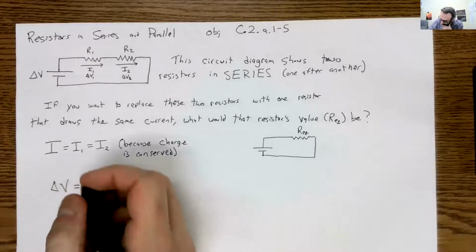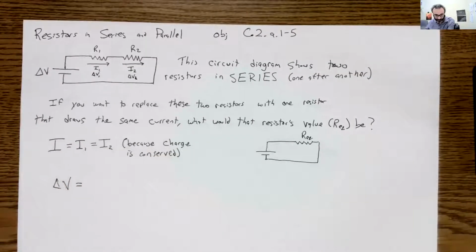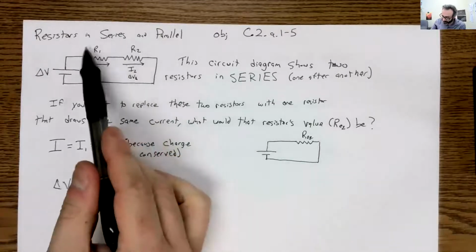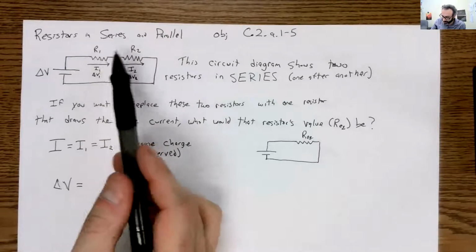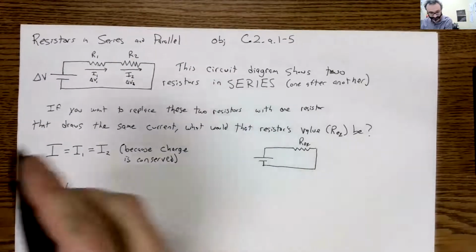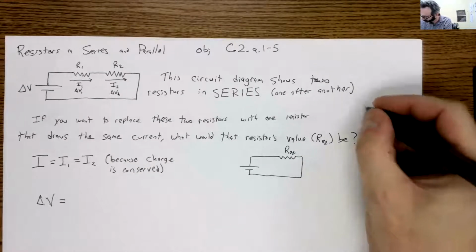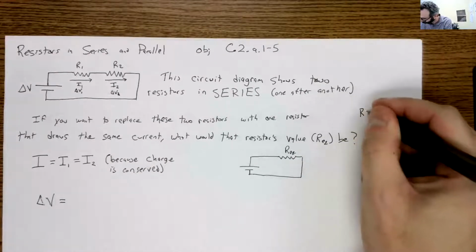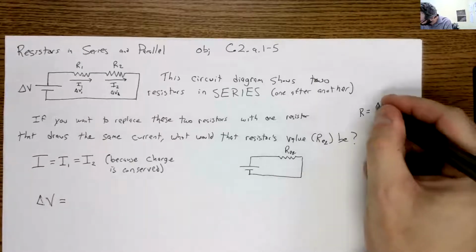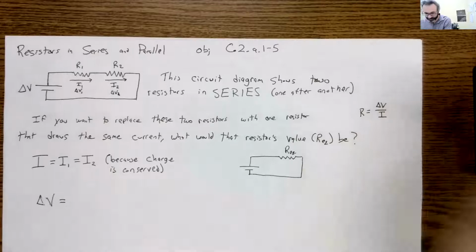Delta V2 is smaller than delta V1. Well, it might be. We don't know. That's going to depend on the value of these resistors. The definition of resistance is R equals the potential over the current.